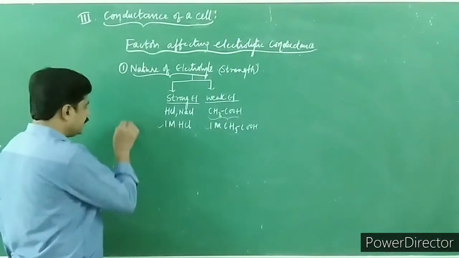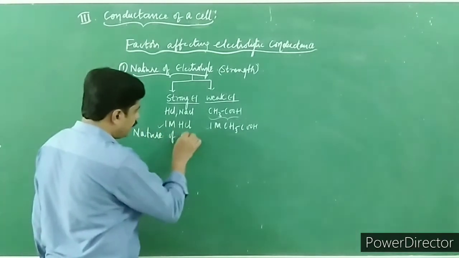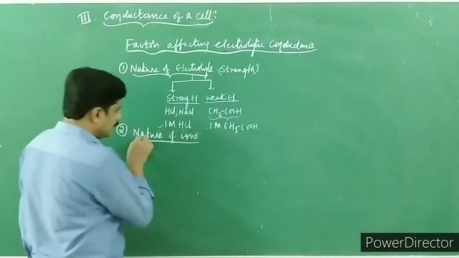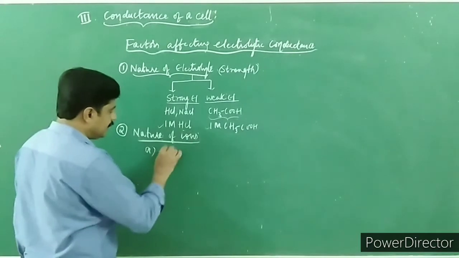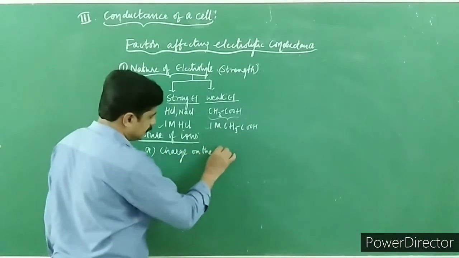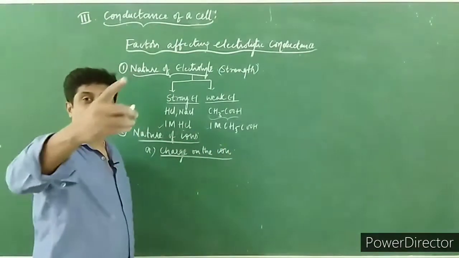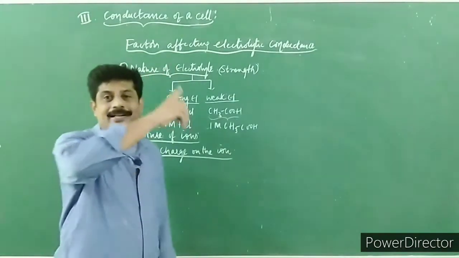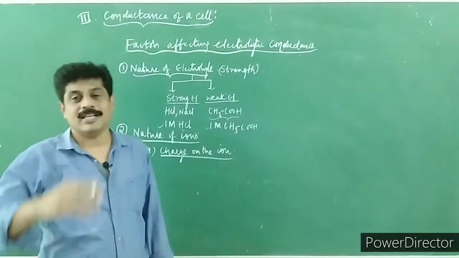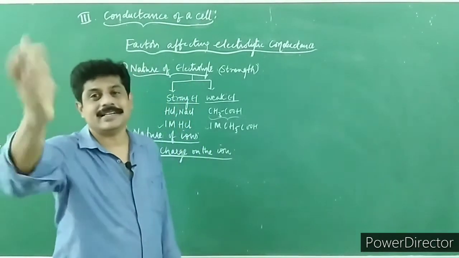Let me go for the second one, nature of ions. Children, under that, number one, charge on the ion. The charge on the ion plays an important role in the conductance of an electrolyte, because the higher the charge on the ion, the greater is the conductance.